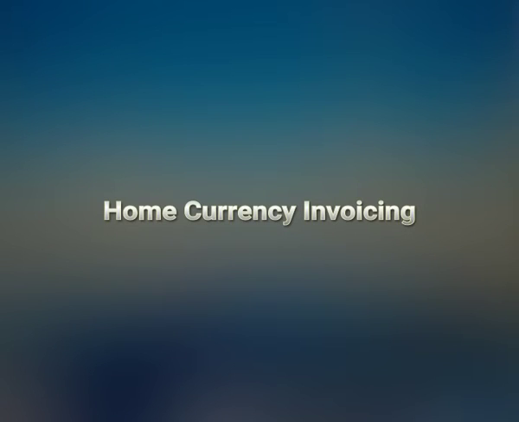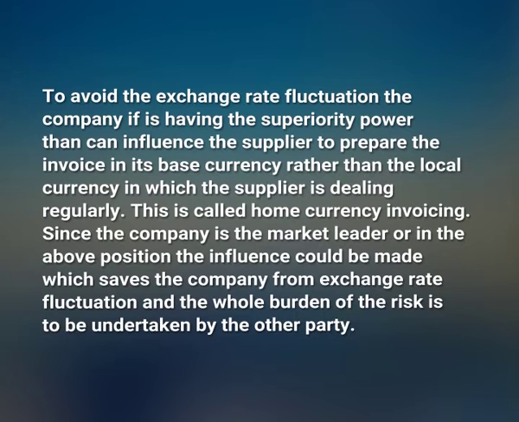The time periods for receivables and payables are to be negotiated in such a manner that the exchange required is minimal. Home currency invoicing. To avoid exchange rate fluctuations, a company that has superior power can influence the supplier to prepare the invoice in the company's base currency rather than the local currency in which the supplier regularly deals.